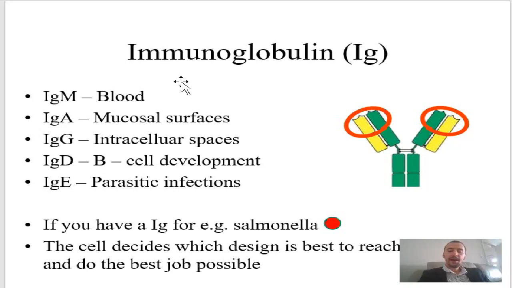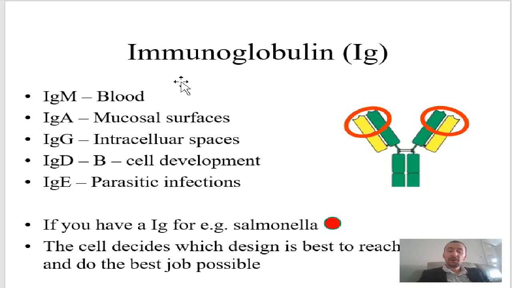For IgG, generally speaking, they are required for a general immune response, but they're particularly effective at reaching intracellular spaces. Given the small structure of IgG, it's very good for responses in hard to get to areas, if you like.